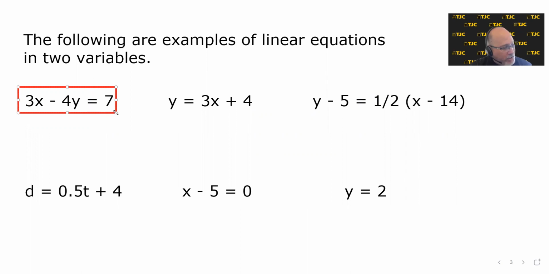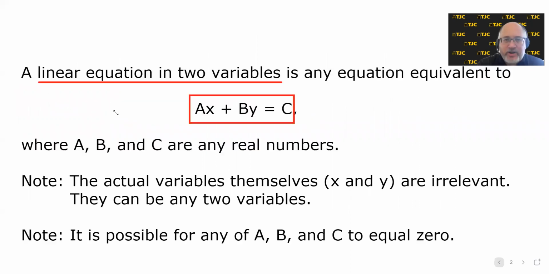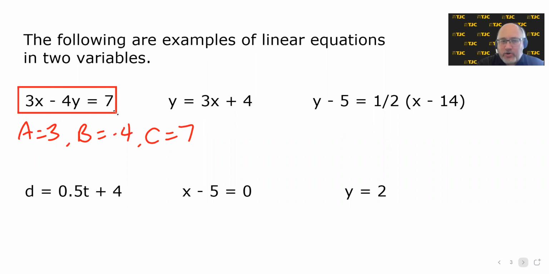We have a is equal to 3, b is equal to -4, and c is equal to 7. Now, it's not necessary to identify a, b, and c. I'm just saying that if a was 3, b was -4, and c was 7, then our equation would look like that.